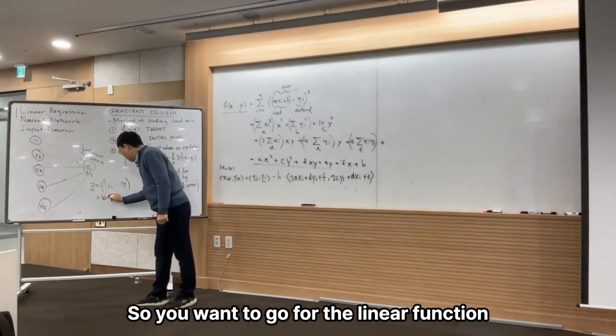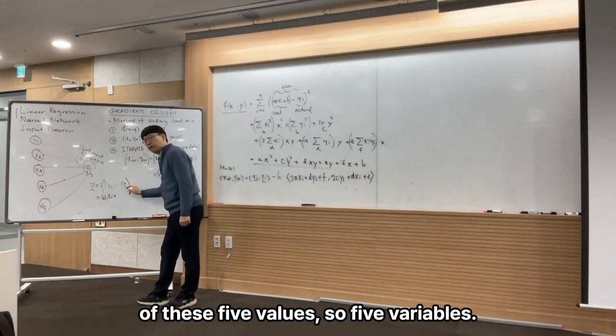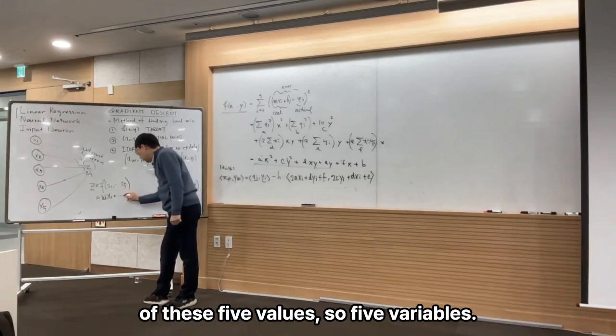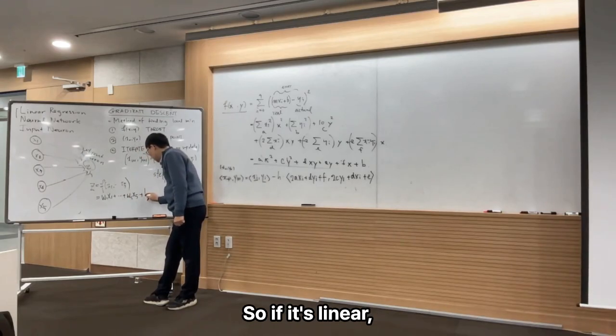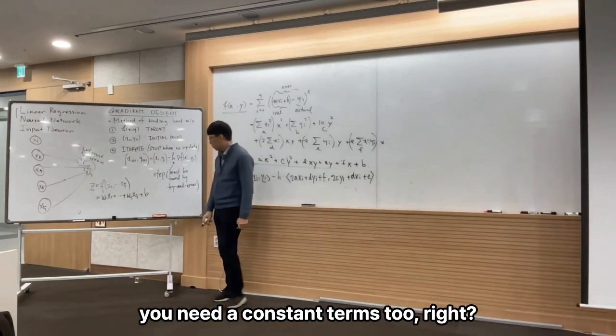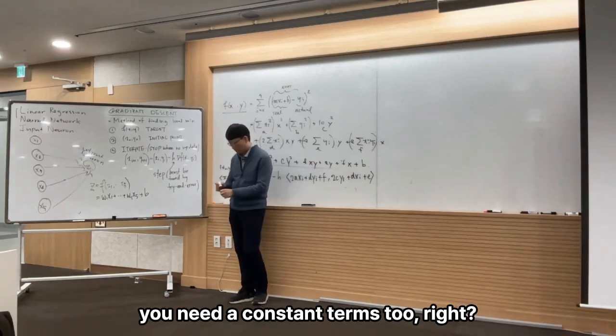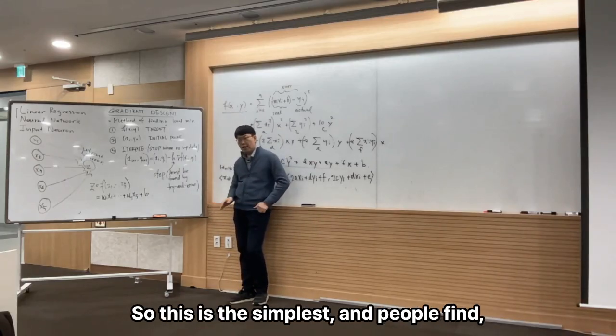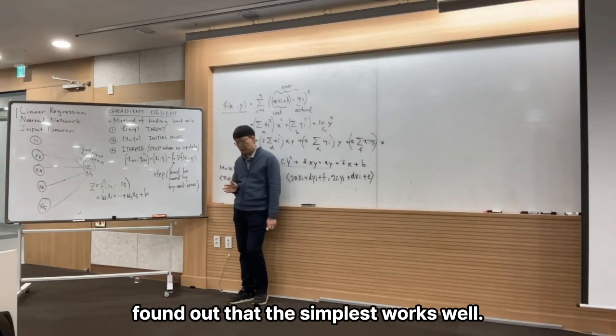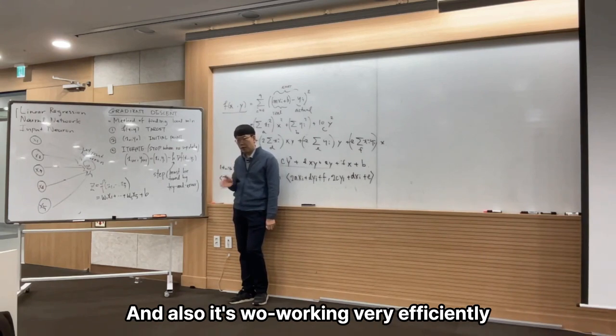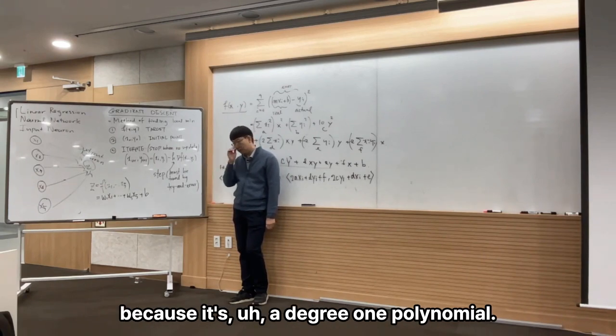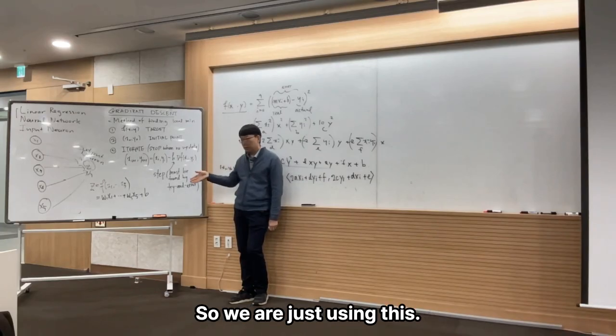So you go for a linear function of these 5 variables. If it's linear, you need a constant term too, right? This is the simplest, and people found out that the simplest works well, and it also works very efficiently because it's a degree 1 polynomial. So we are just using this.